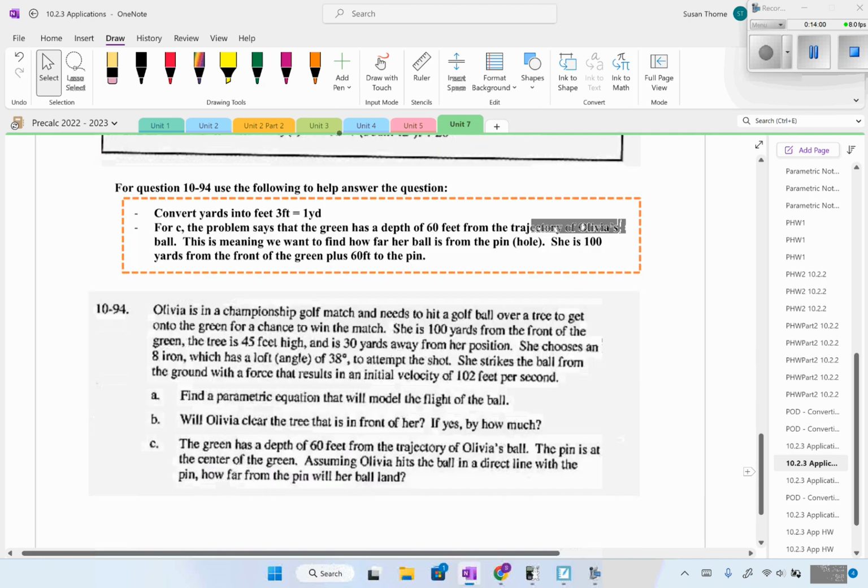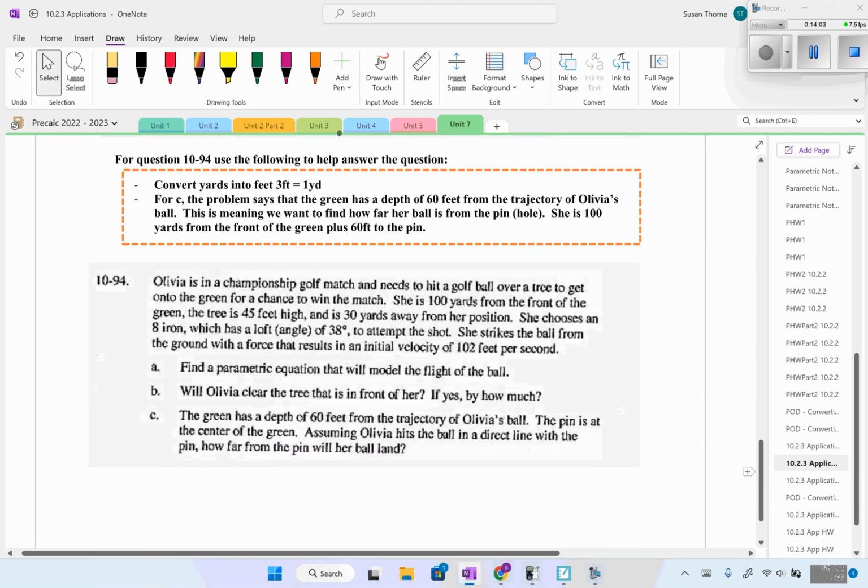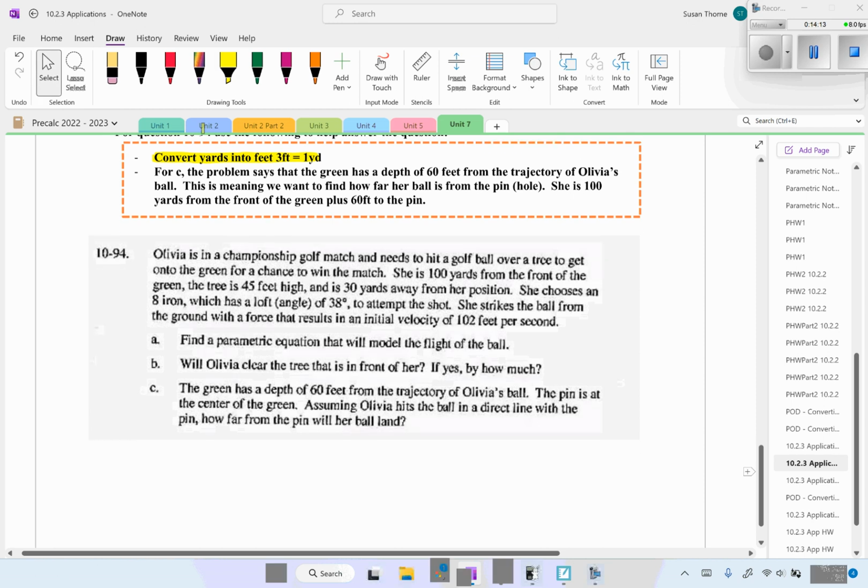So for question 1094, it says use the following to help you answer the questions. And so the first part we're going to be using, it says convert yards into feet: 3 feet equals 1 yard. So let's go ahead and read through the problem, then we'll read the rest of that. Olivia is in a championship golf match, and she needs to hit a golf ball over a tree to get onto the green for a chance to win the match.